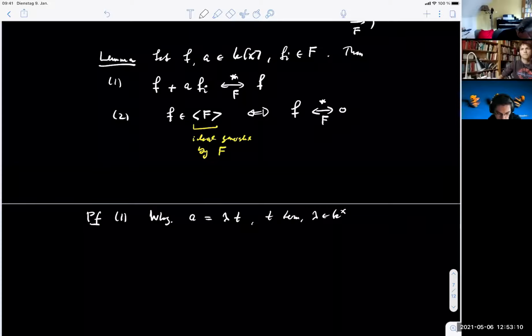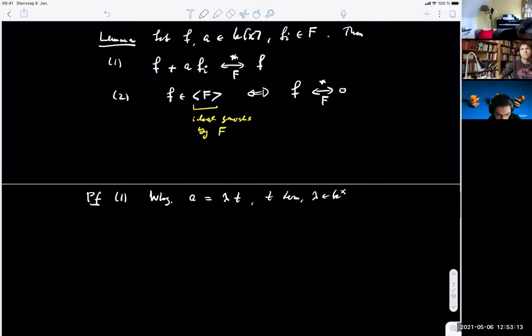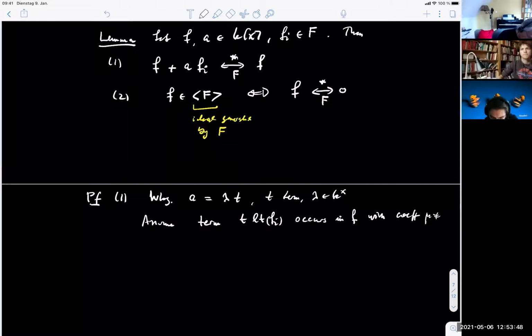Now we have a case distinction. Let's assume the term t times the leading term of fi occurs in f, say with some non-zero coefficient mu, and lambda plus mu is non-zero.